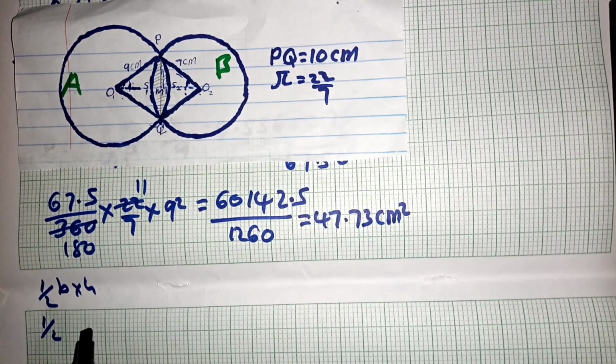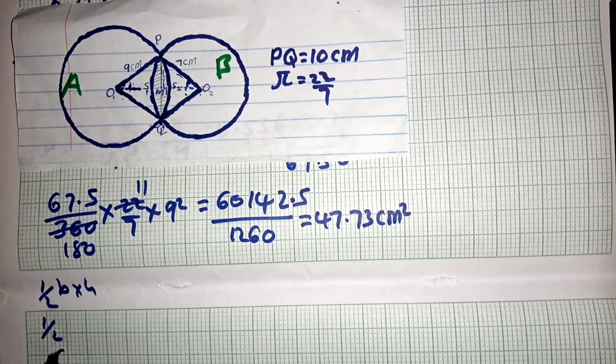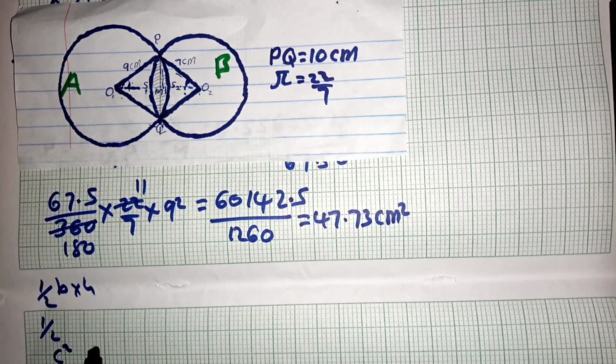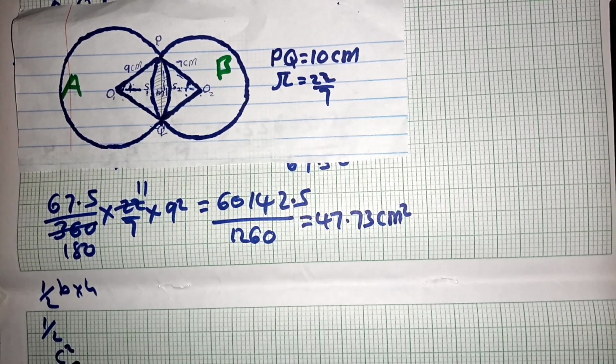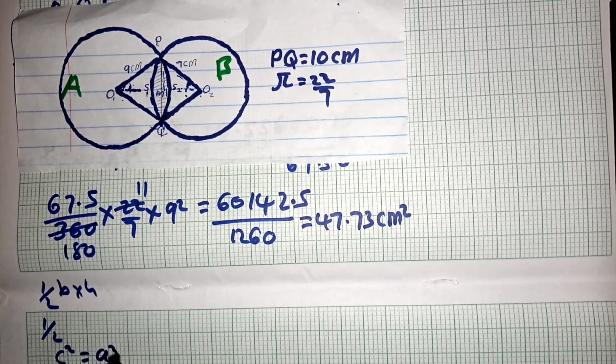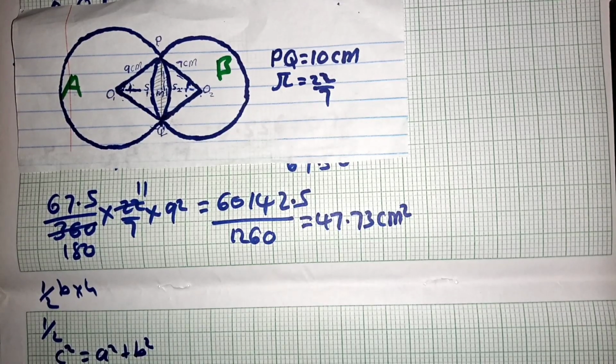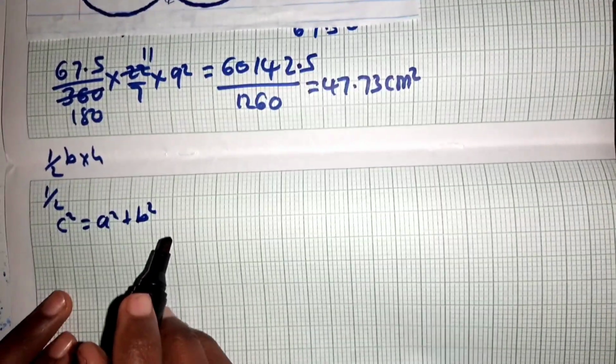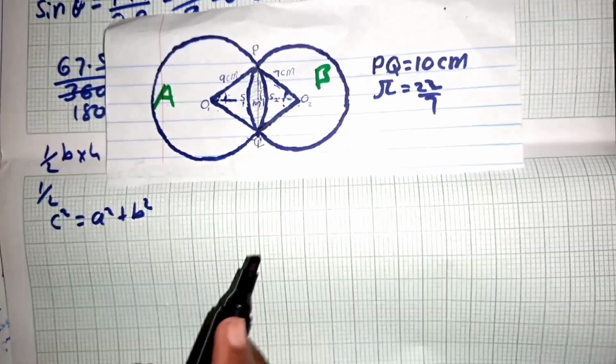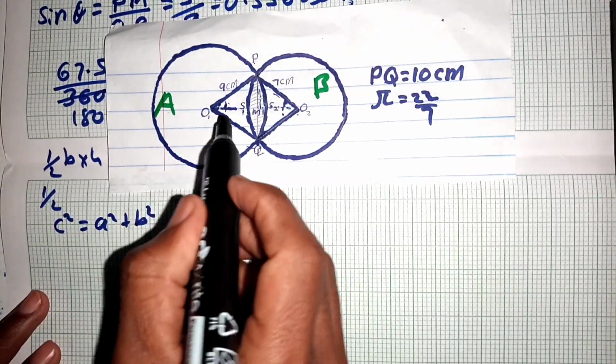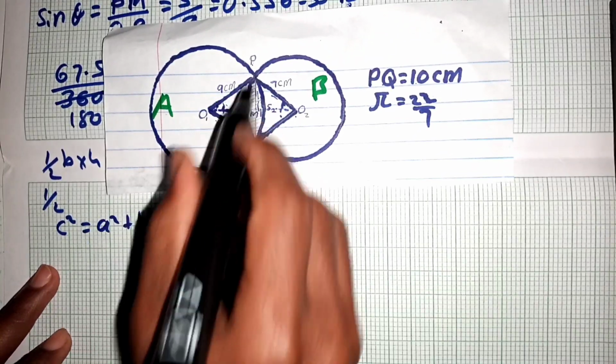The Pythagoras theorem is that c squared is equal to a squared plus b squared.